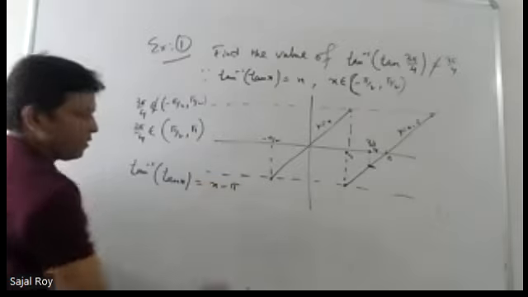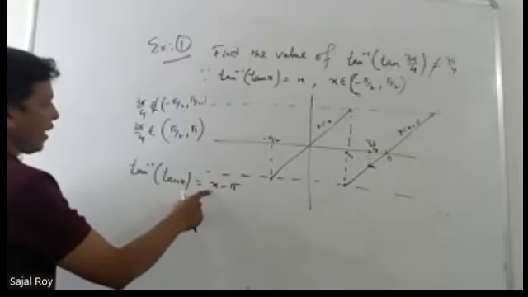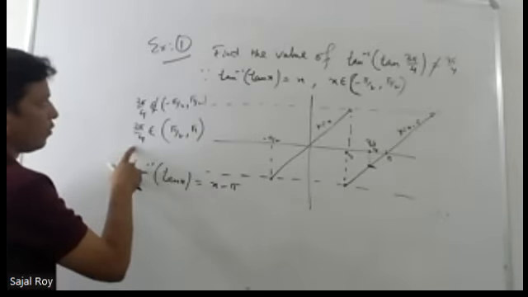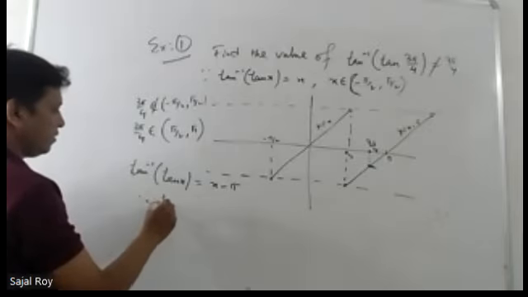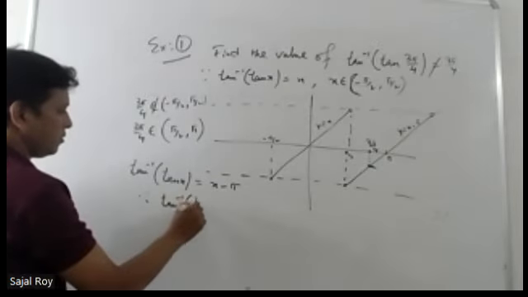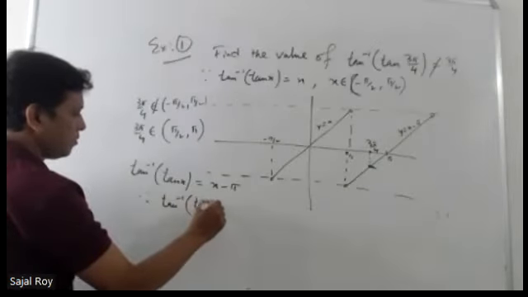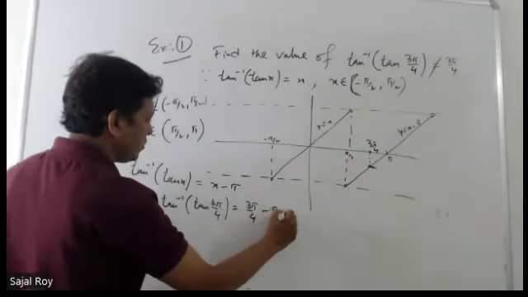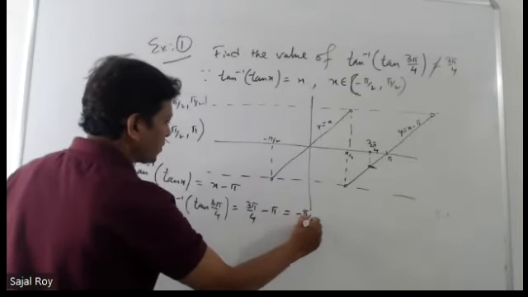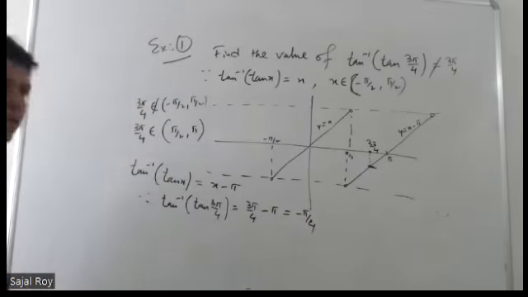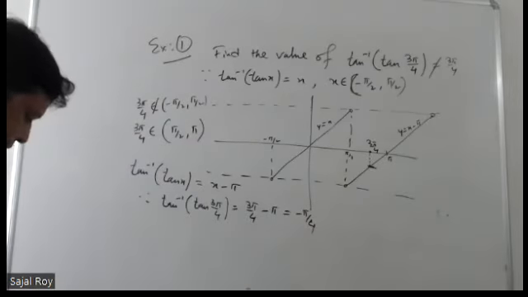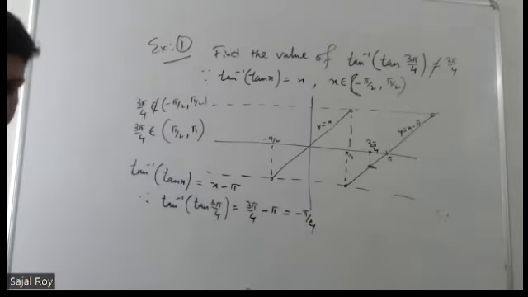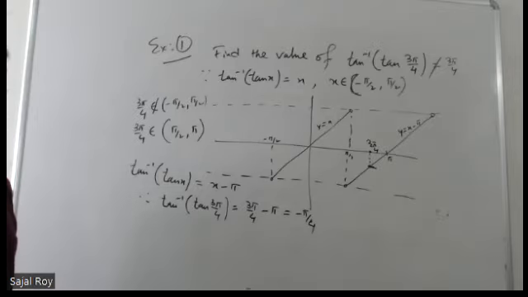It is x minus pi. What is your x? 3 pi by 4. So it's minus pi by 4, right? Clear?